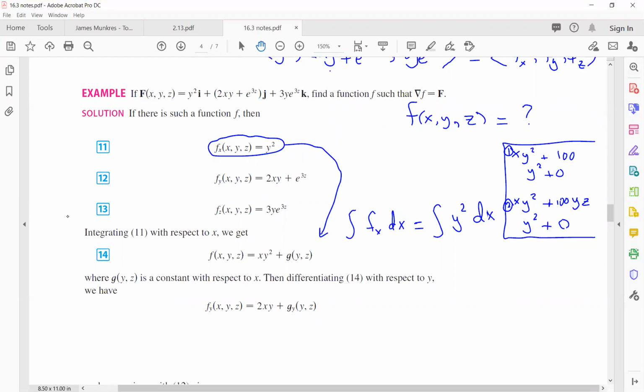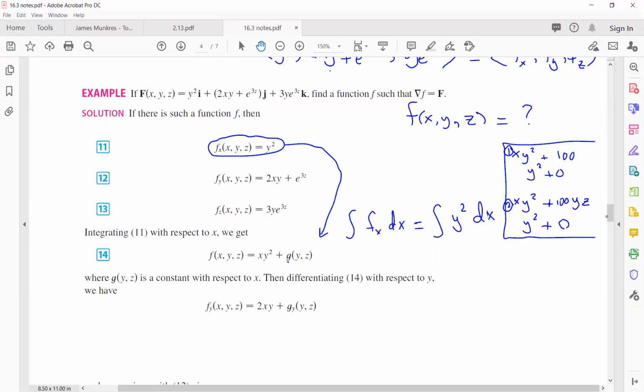We have to use these partial derivatives and take the partial derivative of this halfway potential function to find g. Very well. We already know that the partial derivative of f is 2xy plus e to 3z. It's given in the question.